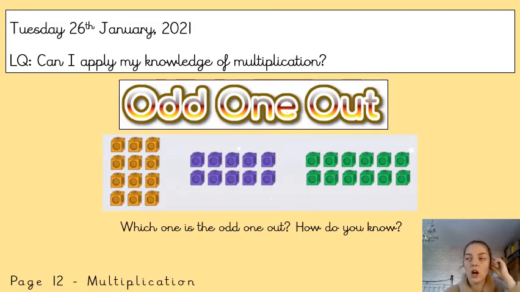If you've got someone with you, you can explain it to them, or if you're doing this on your own, then you can write it down. I've got 3 different arrays made out of different blocks. So pause the video, have a go, and then we'll come back and you can have a look as to whether you were right or not. Pause here for a couple of seconds and then press play when you are done.